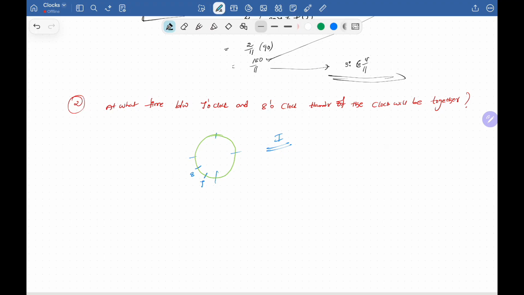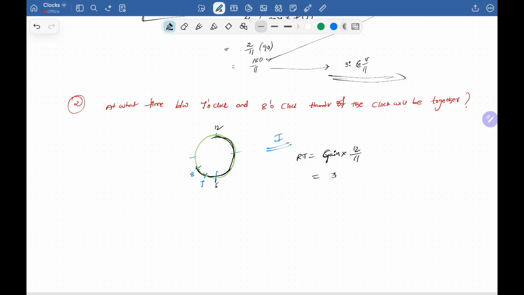You need to find the formula: required time is equal to gain into 12 by 11. What is the gain? It is 12, 6, 7, 8. They are asking between 7 and 8, right? So from 12 till 7, how many minutes? So that you have to write.